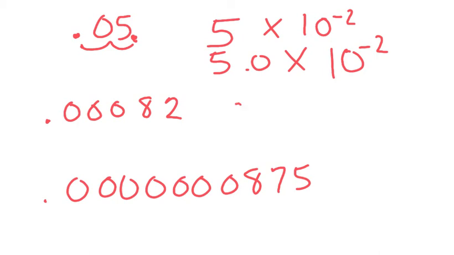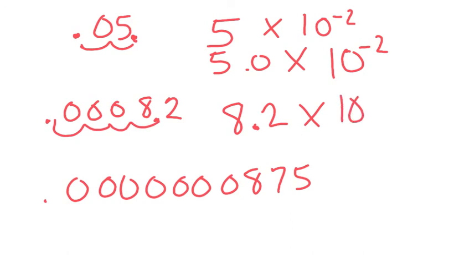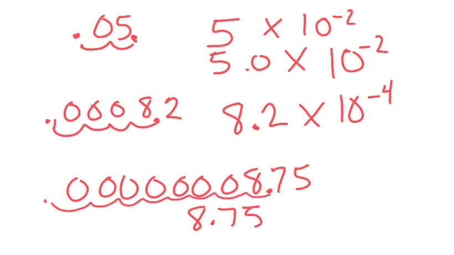Let's do the next one. 8.2 times, put your new decimal in the number, count 1, 2, 3, 4. So 10 to the negative 4th. Do the last one. 8.75. Put the new decimal in the number and count. 1, 2, 3, 4, 5, 6, 7, 8 times 10 to the negative 8.